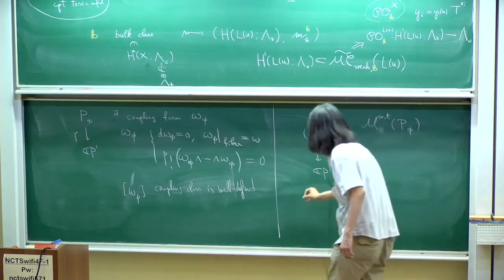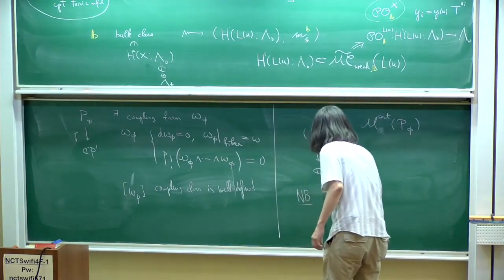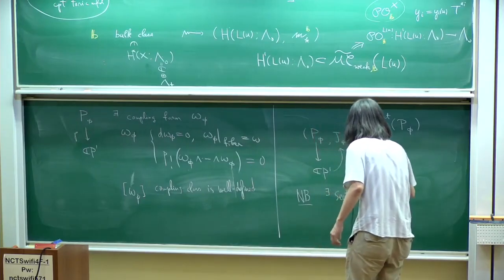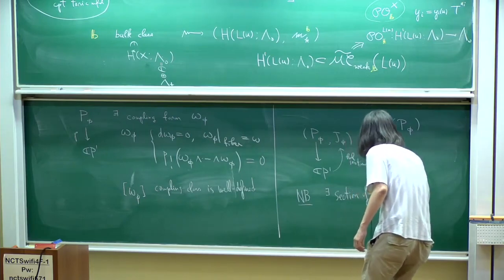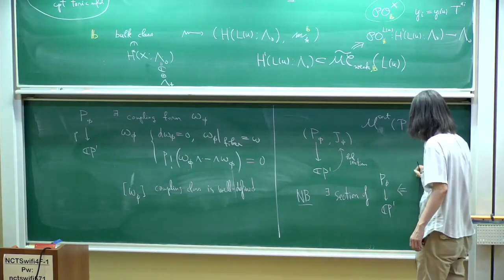A remark: there is a section of this P phi. So why is such a thing true? This is actually a consequence of the Arnold conjecture. It is a solution of it.